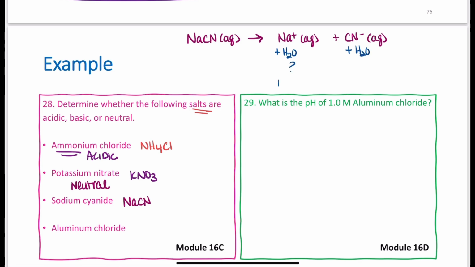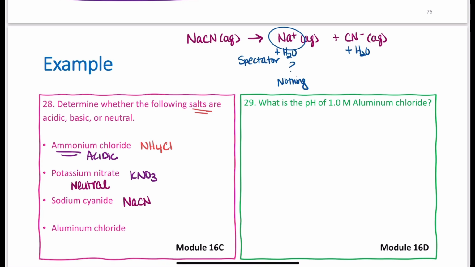What's going to happen? Nothing. It's going to act as a spectator. The sodium ion is the conjugate acid of a strong base. It comes from sodium hydroxide.